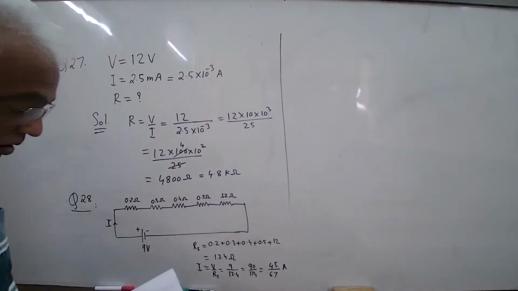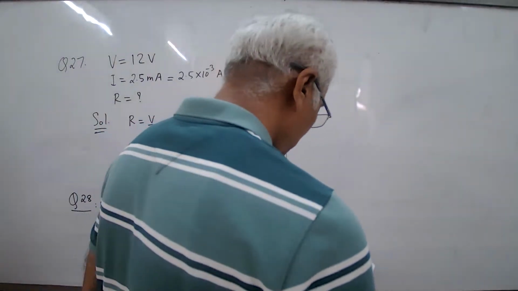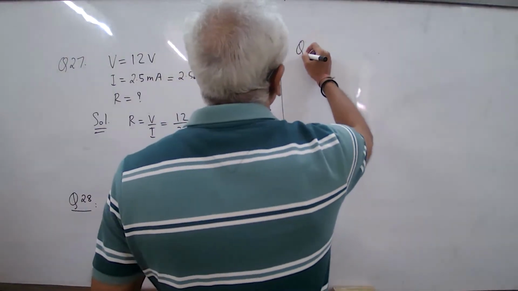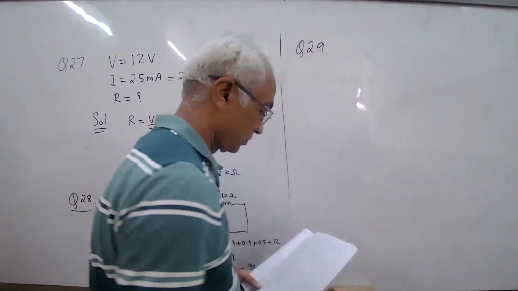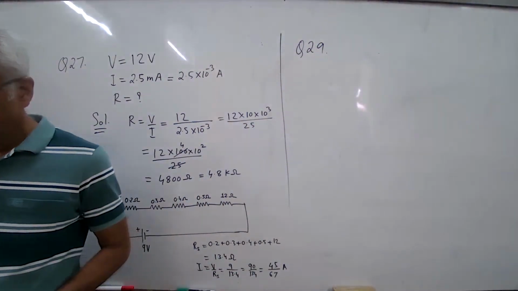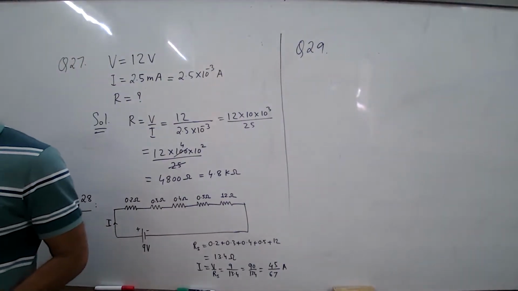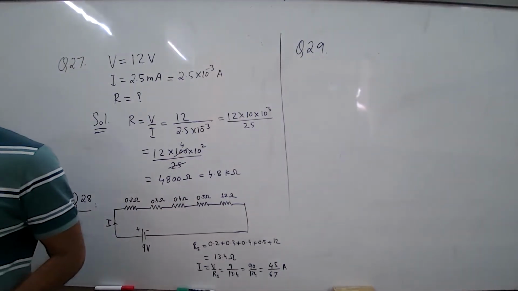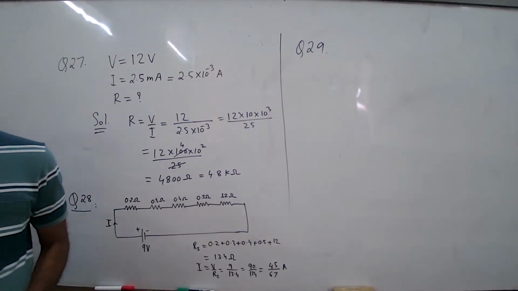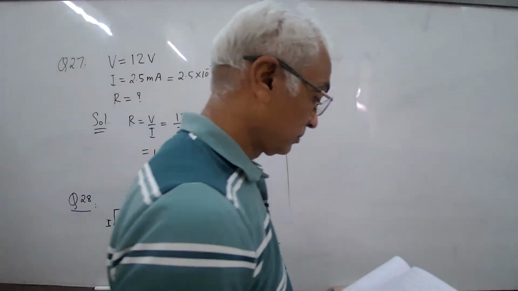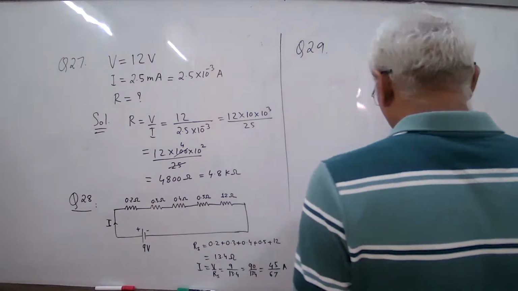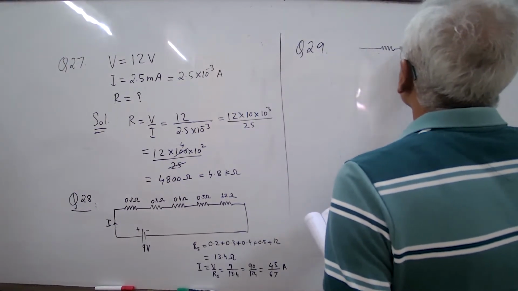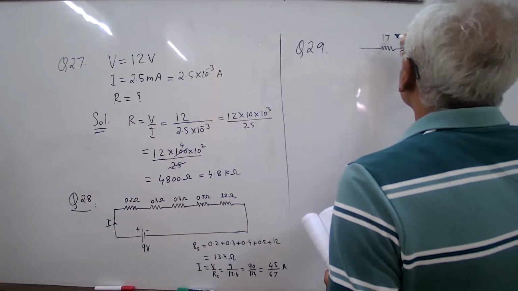Okay, 29. How many 176 ohm resistors? So how do we solve this? We find the required resistance, possibly. You have to find the number. What is given here is 176 ohm.